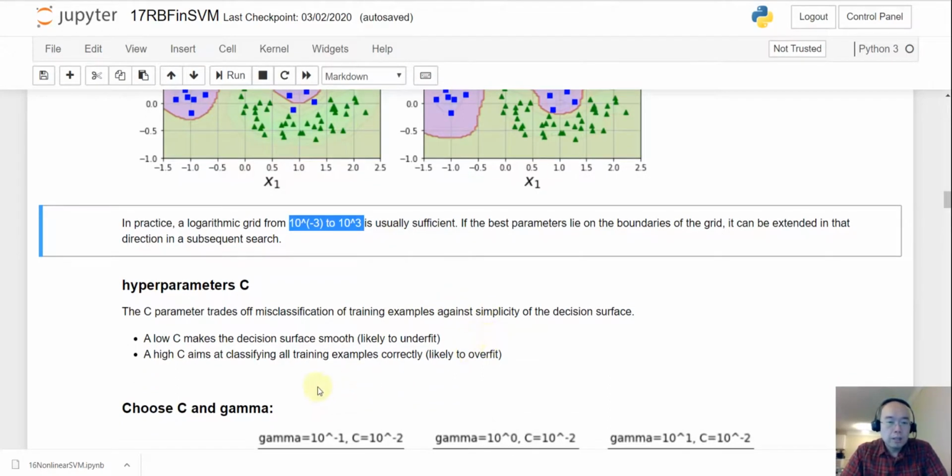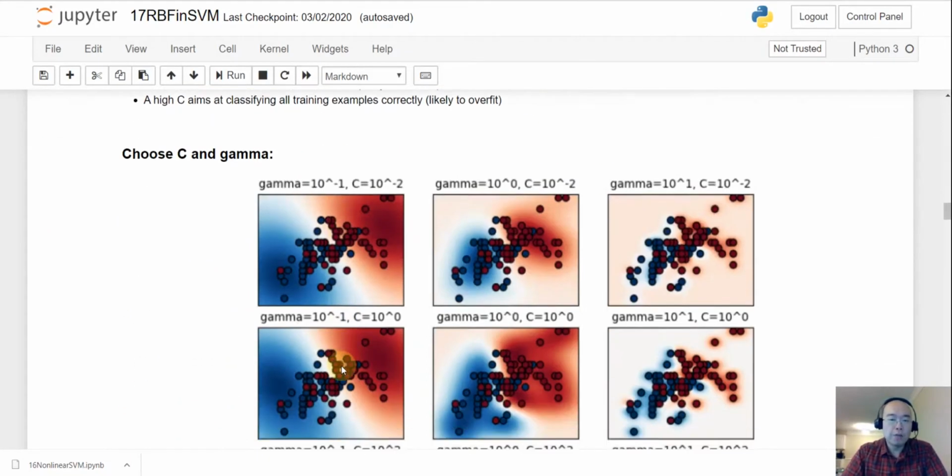Okay, and here is another review of the hyperparameter C. If you get it very low, then the decision surface is smooth, and you may have an underfit model. And if you have a very high C, then it will learn very hard from the training data set. However, you may have an overfit model.